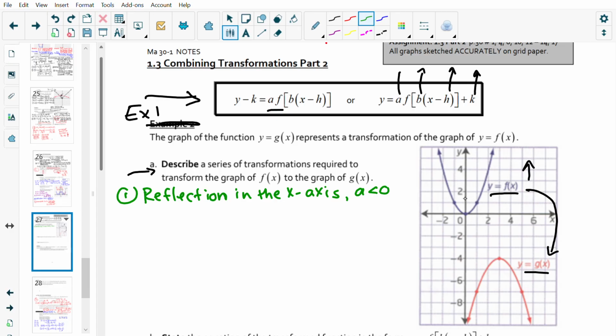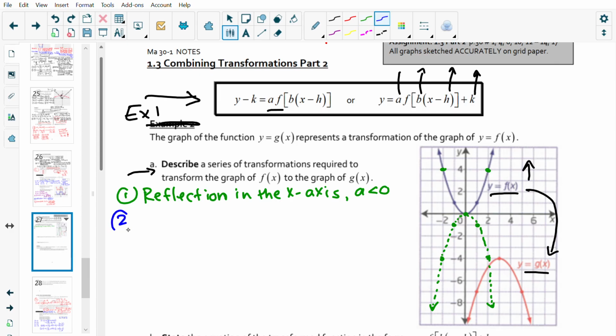So I'm going to take this f of x and do the first transformation. I'm going to pick this point and this point and reflect them down. So that's 1, 2, 1, 2, 3, 4. Let's plot those, and I'm going to do a dotted line. The vertex is common as well. You do a dotted line because it's an intermediate transformation. It's not the final one. All right, that's number one.